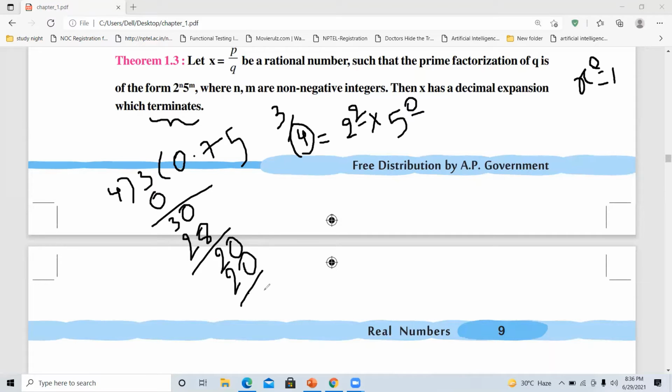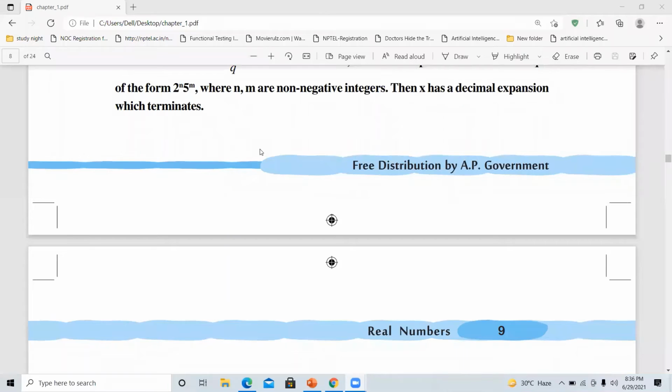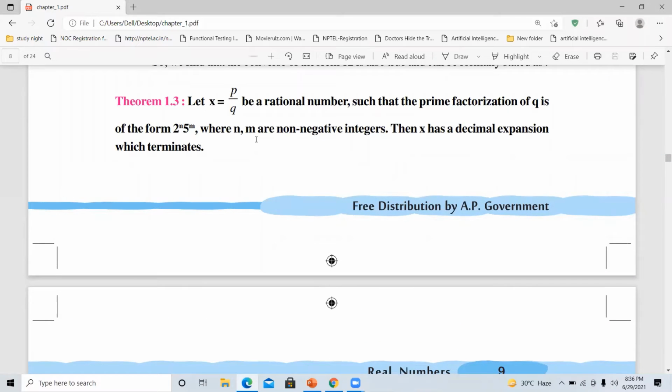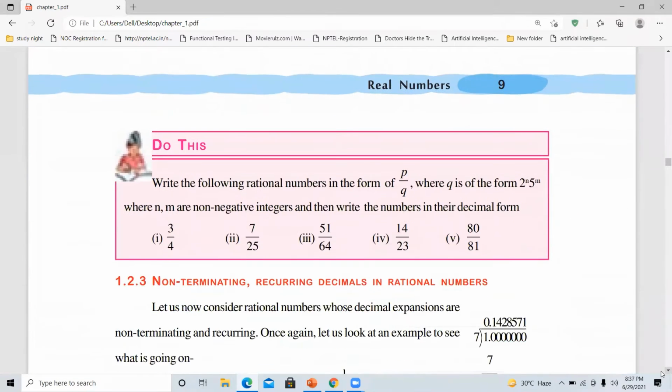In this way, we can say that the decimal which we got by dividing 3 by 4 is terminating. So since it terminates, we can definitely say that if the denominator of the given fraction is in the form of 2 power n into 5 power m, where n, m are non-negative integers, then x will definitely have a decimal expansion which is terminating.